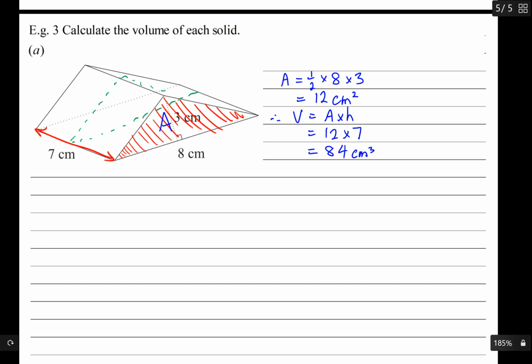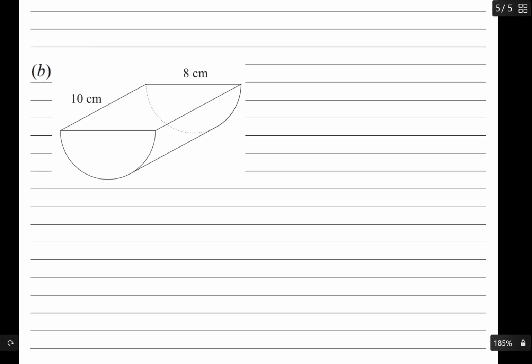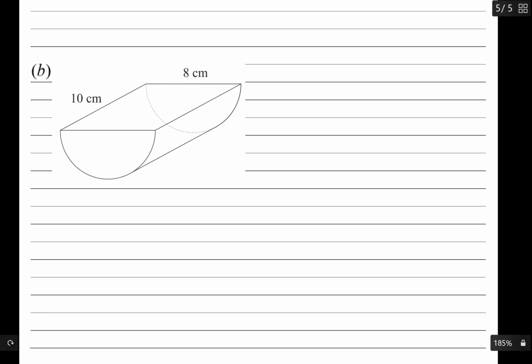All right, pretty straightforward. For our second example here, we've got a half cylinder. Think to yourself, what is the cross-sectional area that I want to think about? What is the shape that's going to be congruent all the way through? And the answer is, it's going to be a semicircle.